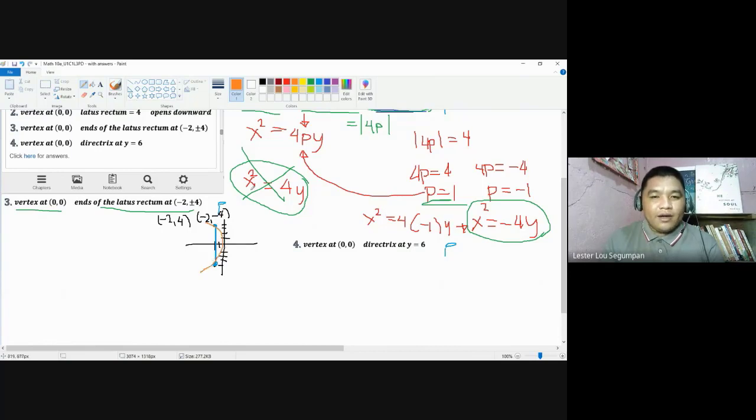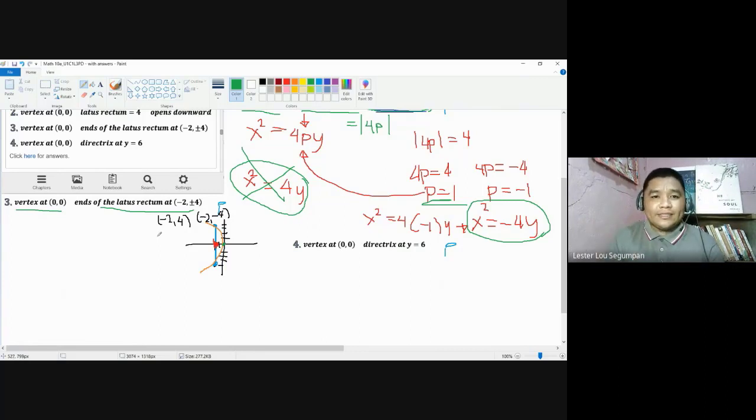Why? Because the focus is located on the latus rectum, the line segment here, which is in the interior of our parabola, and the vertex is here, so it opens towards the left.